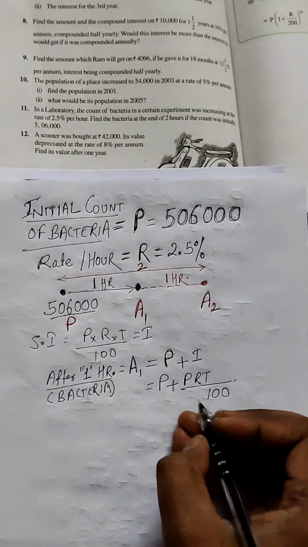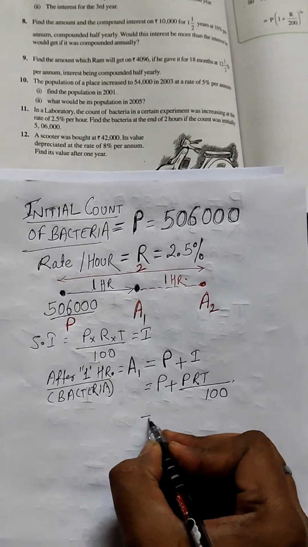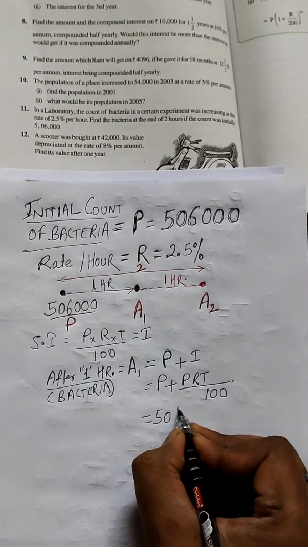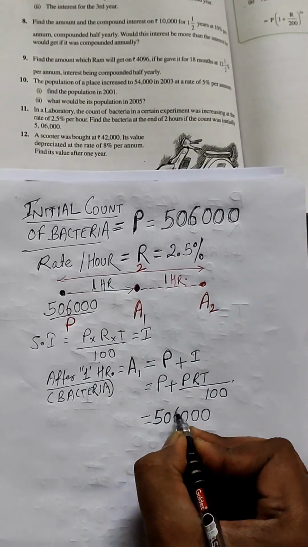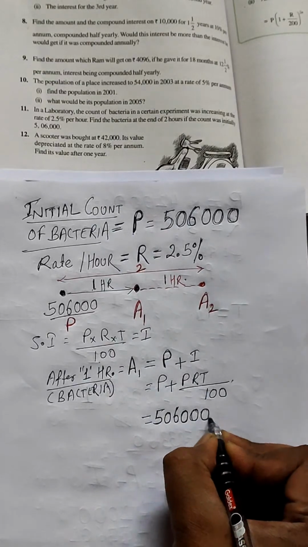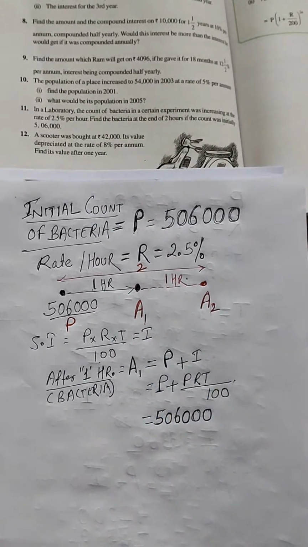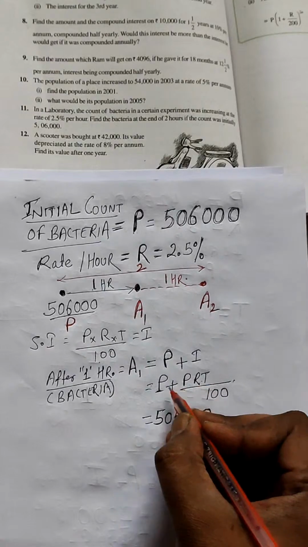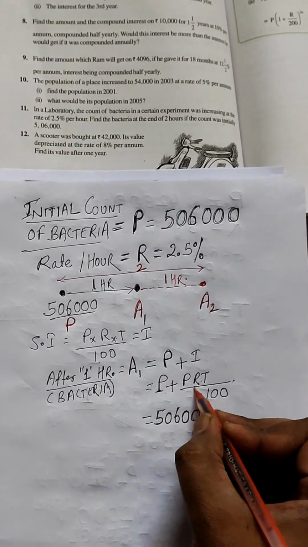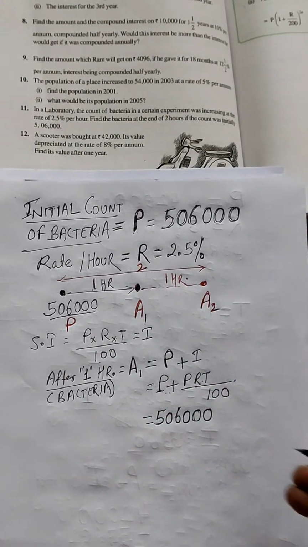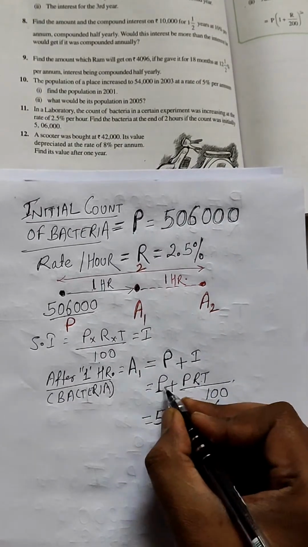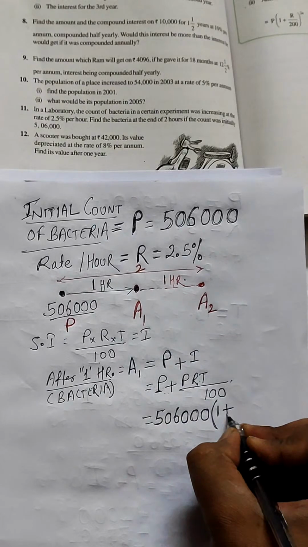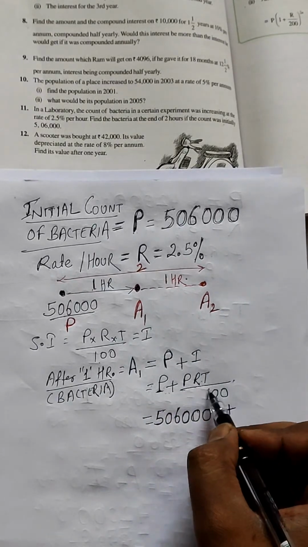Now this P is 506000. This P is common in both terms, so it is taken common, and we are left with 1 plus RT by 100.